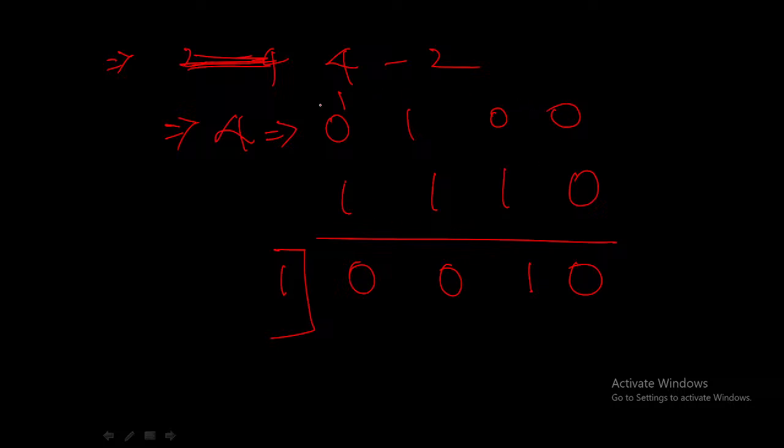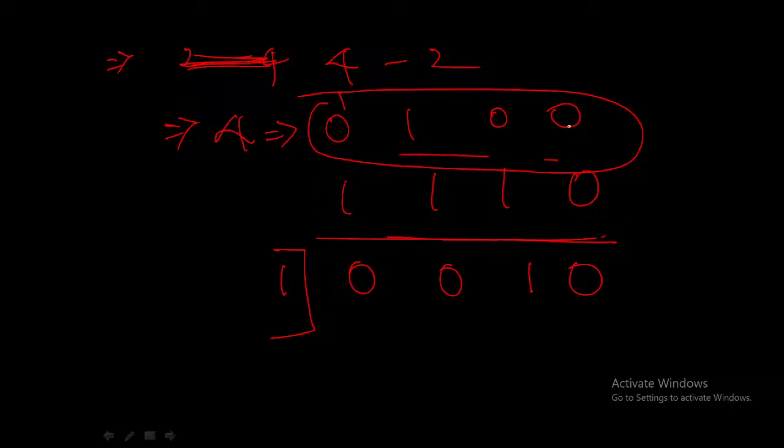So this we are adding with 4, 0100. So what is our answer? 0 plus 0 is 0, 0 plus 1 is 1, 1 plus 1 is 0 carries 1, 1 plus 1 is 0 carries 1, and that carry we will add further to get our final answer.